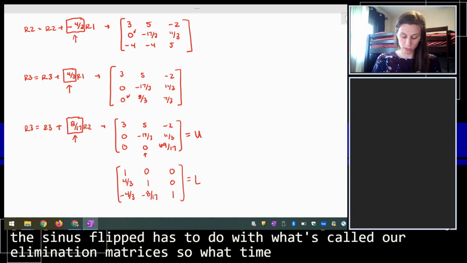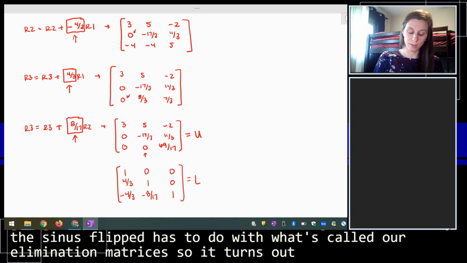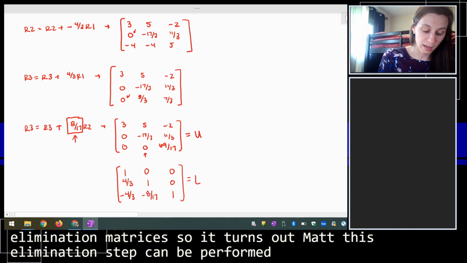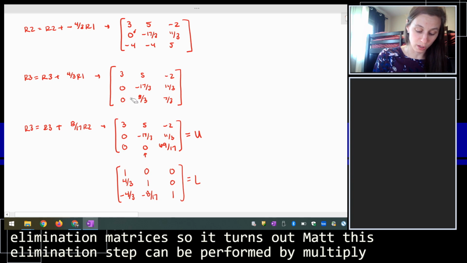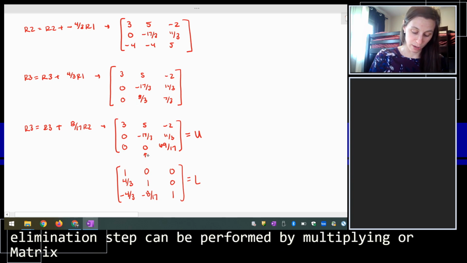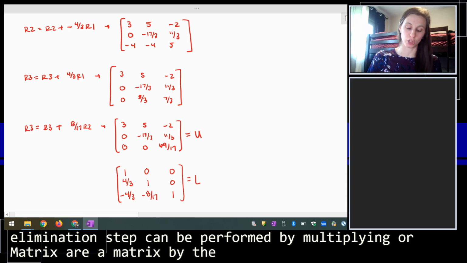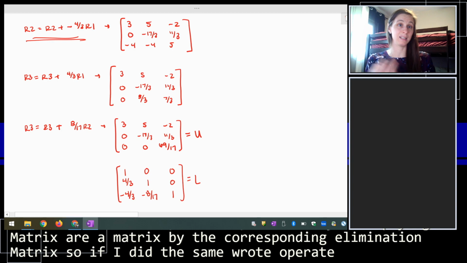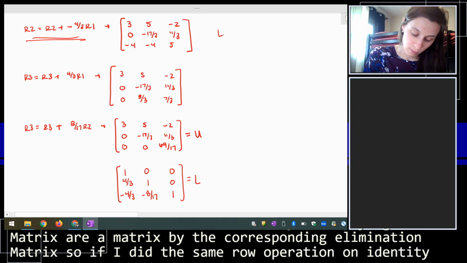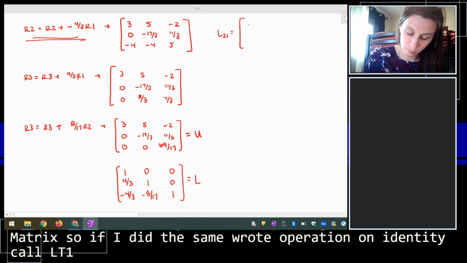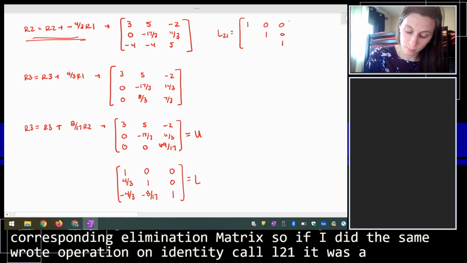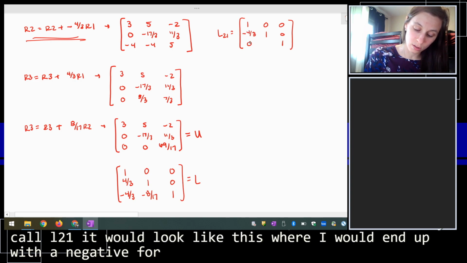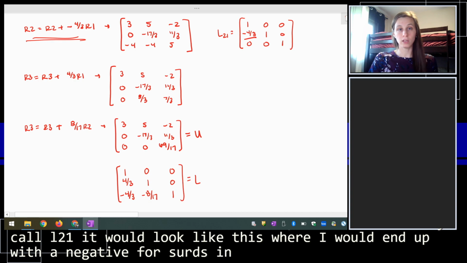So it turns out that this elimination step can be performed by multiplying our A matrix by the corresponding elimination matrix. So if I did this same row operation on identity, I'll call it L21, it would look like this, where I would end up with a negative 4/3 in that 2-1 location.